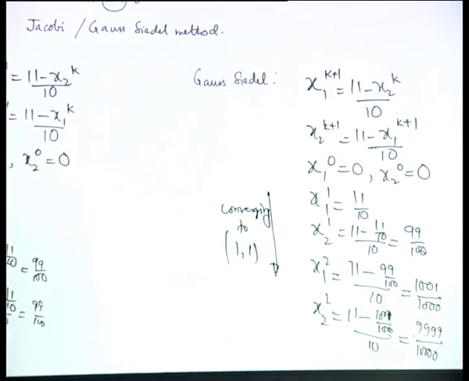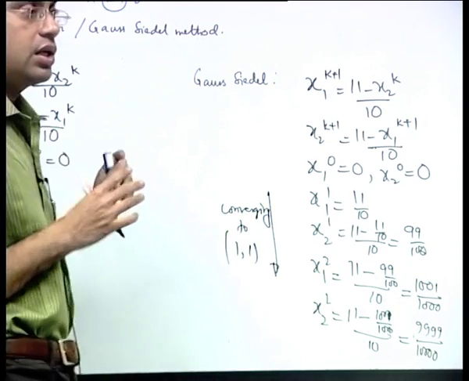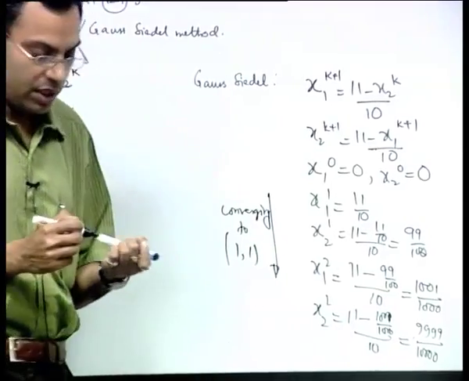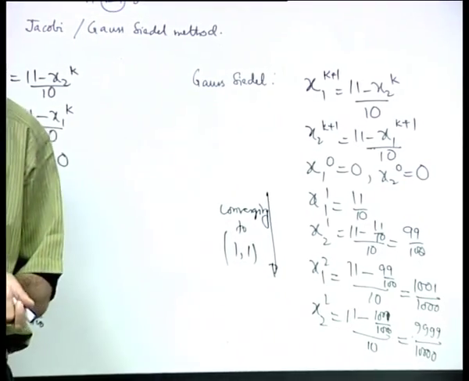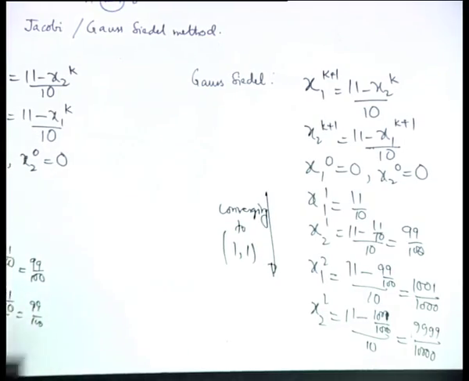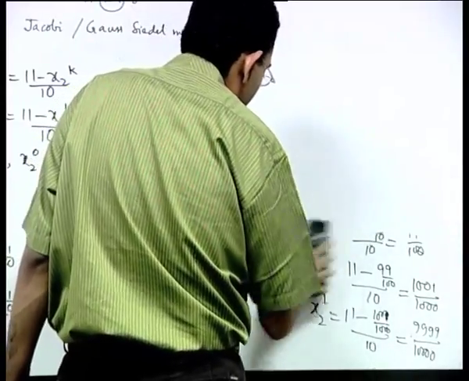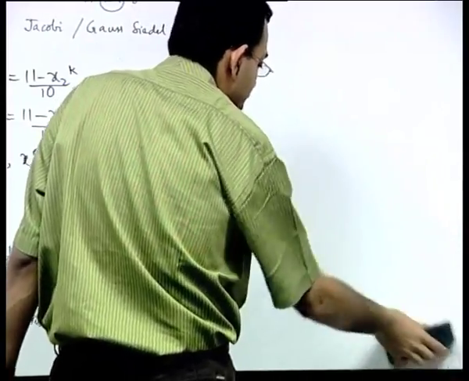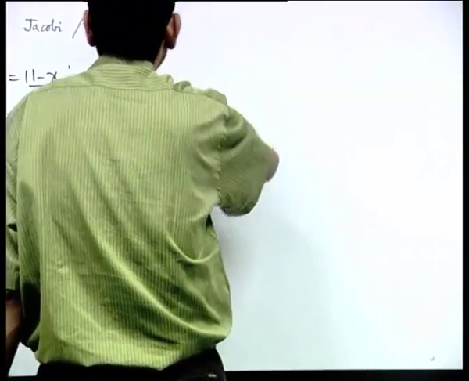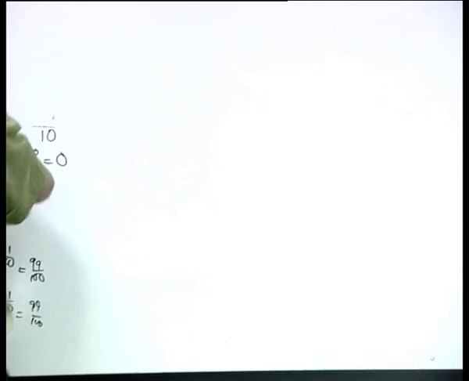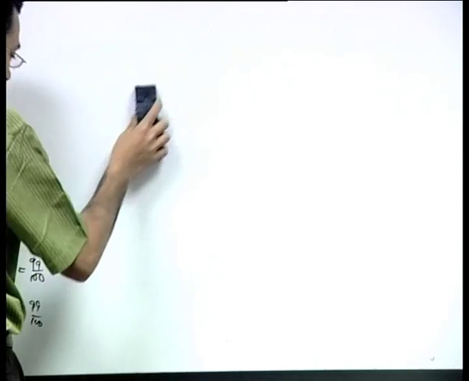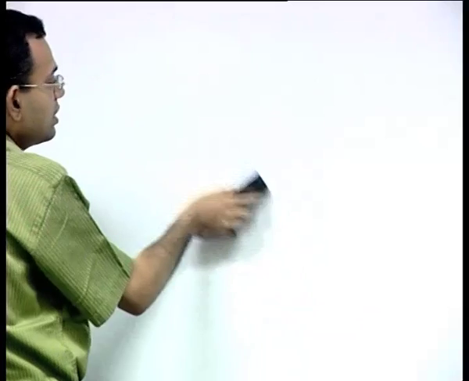So, it is quite clear what the important convergence characteristics of the Gauss-Seidel method and the Jacobi method are through this very simple example. Now, in our previous lecture we discussed extensively the sufficient condition for convergence, and it is always a question whether a method will automatically satisfy the sufficient condition for convergence or not.